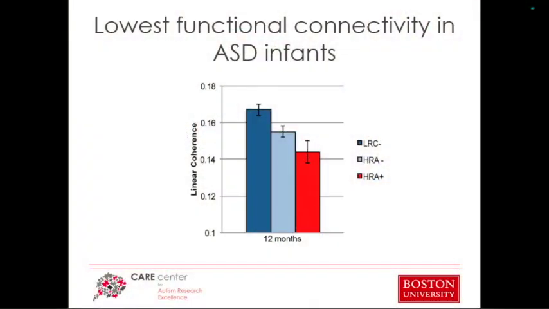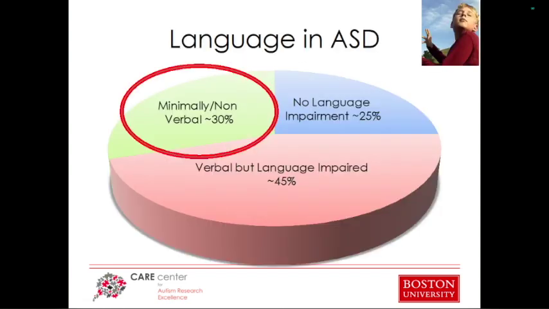So then when we separate out who ended up with an autism diagnosis, in red here, we see they have the lowest functional connectivity. And that is reminiscent of some of our work with the older siblings, in the first part of my talk: the siblings who don't end up with autism show an intermediate pattern here of less functional connectivity than the low-risk controls, but more than the infants who end up with autism.